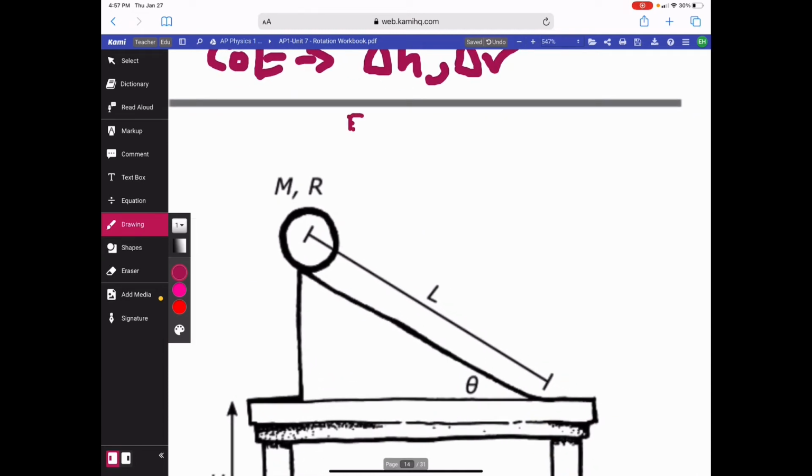So our initial energy is going to be initial gravitational potential energy, mgh. Your translational kinetic energy initially is 0.